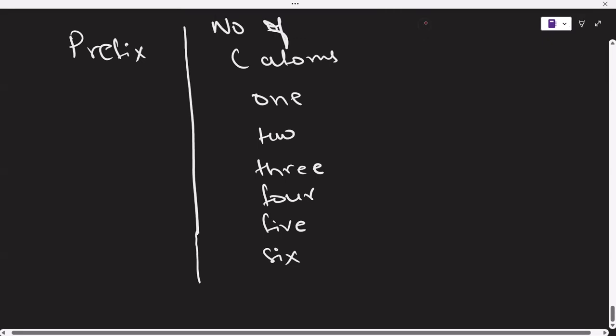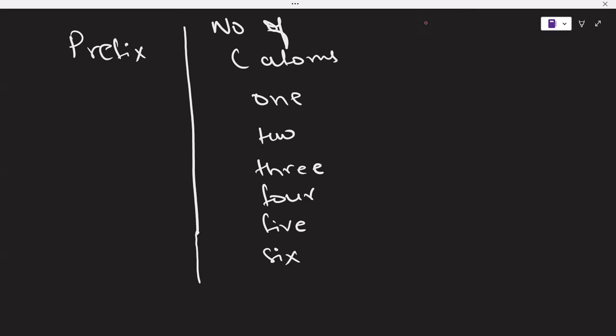So a one carbon molecule means the prefix, the first part of the name, is going to be meth. If a molecule has two carbon atoms, it is called eth. Three carbon atoms is called prop.